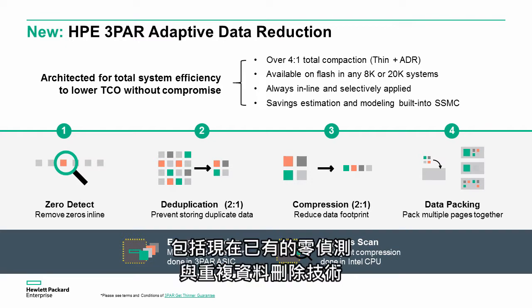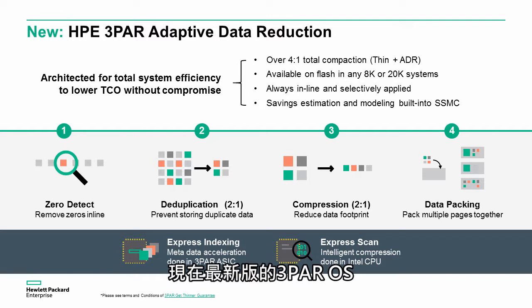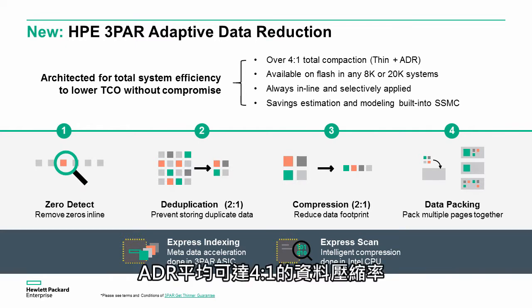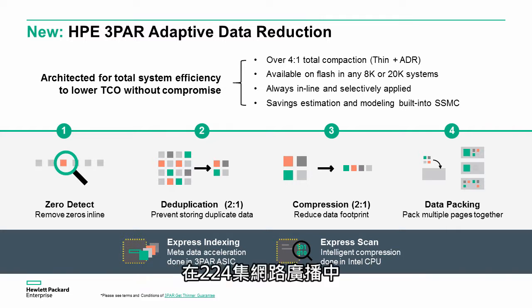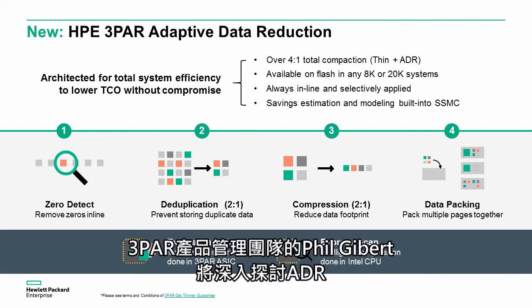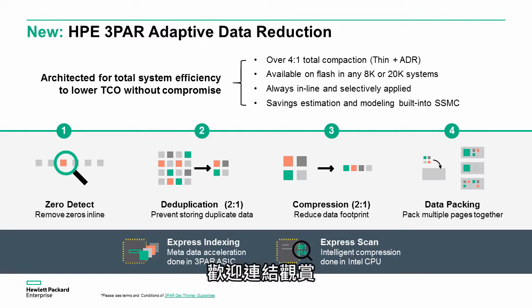That includes zero detect and deduplication, both of which we've had. Now with the latest 3PAR OS, we're adding compression and data packing. We're seeing an average of 4-to-1 savings from adaptive data reduction. And I also have a podcast number 224 that will dive really deep into adaptive data reduction with Phil Gilbert from our 3PAR product management team, so check that out.